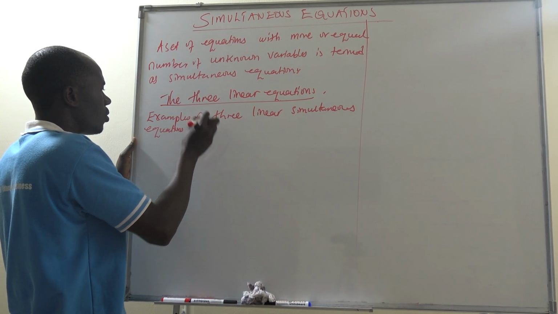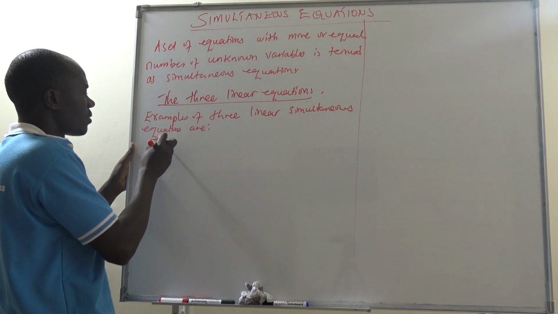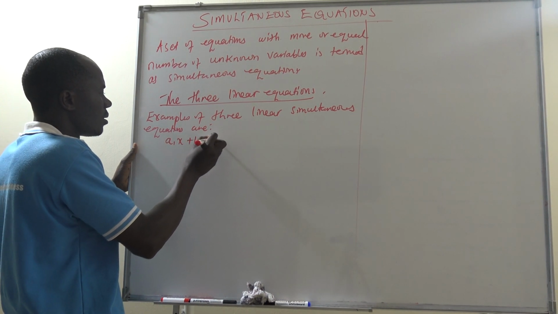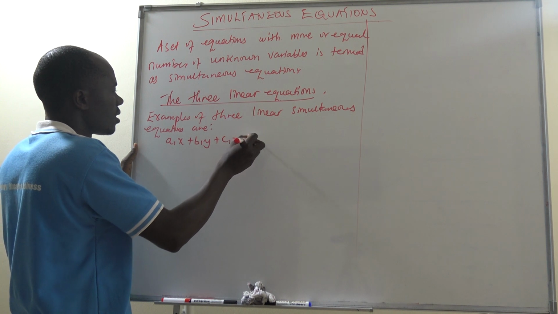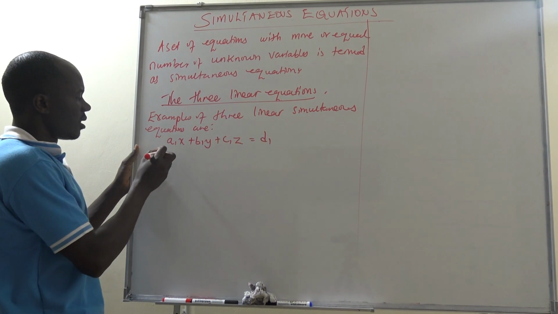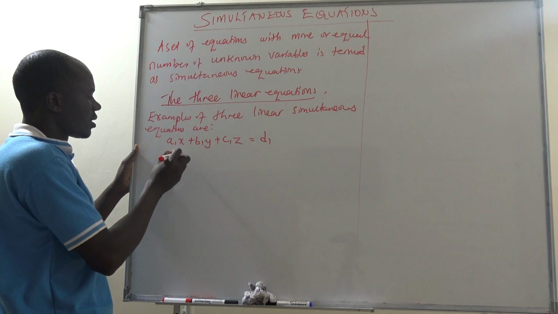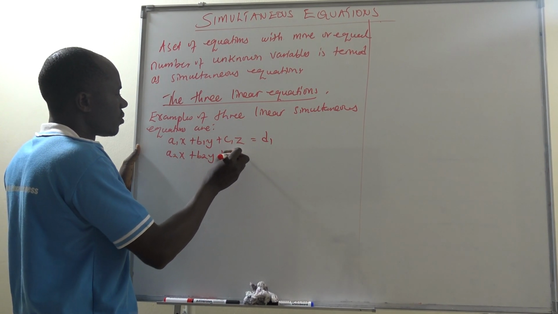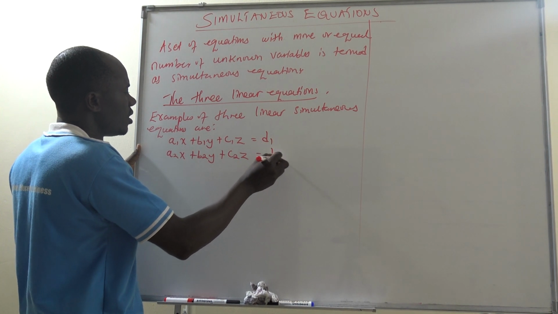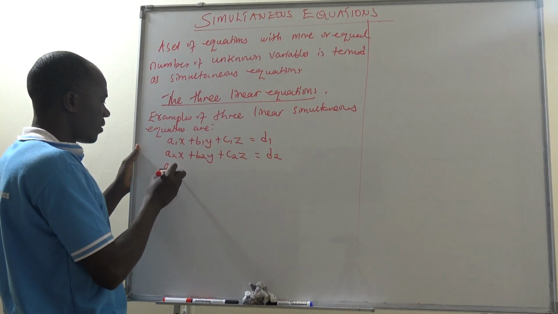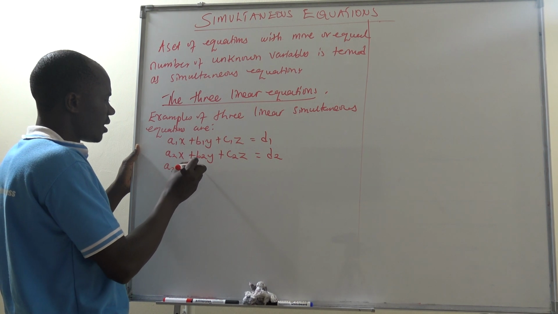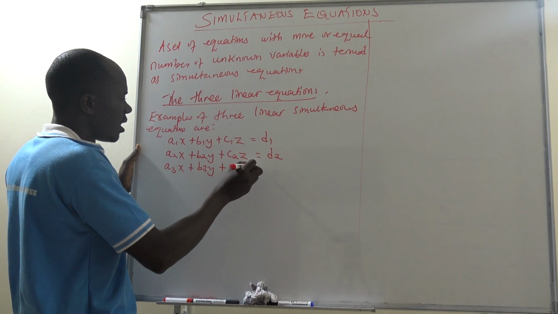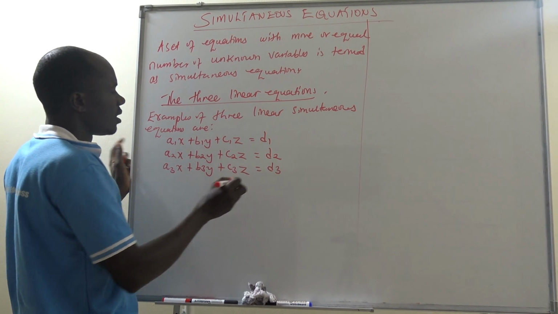The first one can have a1x plus b1y plus c1z equals d1. Then another one can have a2x plus b2y plus c2z equals d2. Another one can have a3x plus b3y plus c3z equals d3.